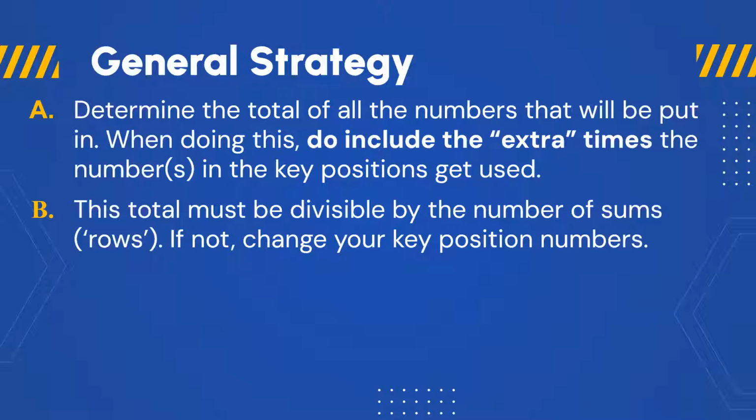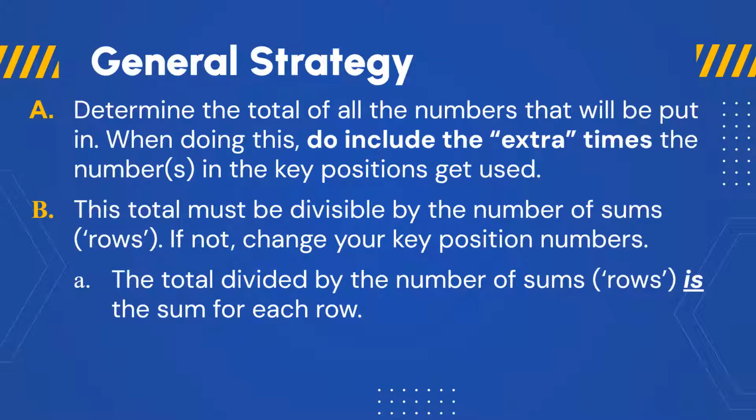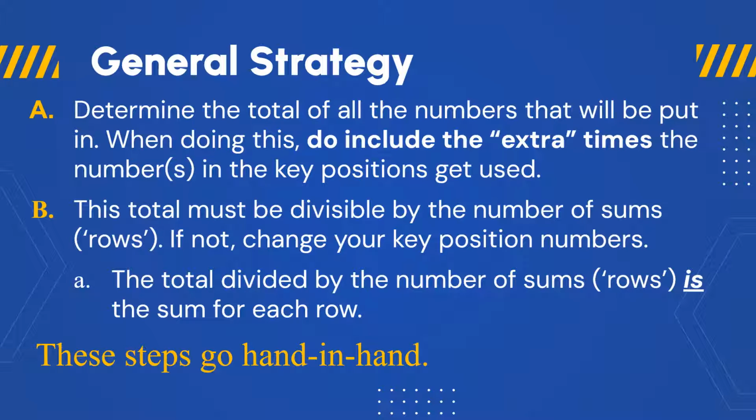This total must be divisible by the number of sums or the number of rows. If not, change your key position numbers because it won't work. The total found in A divided by the number of rows or sums is the sum for each row. These steps go hand in hand.